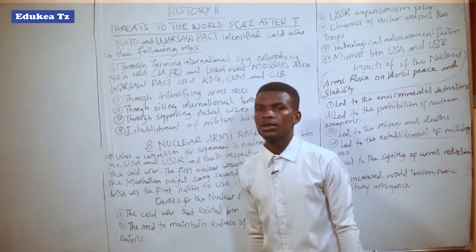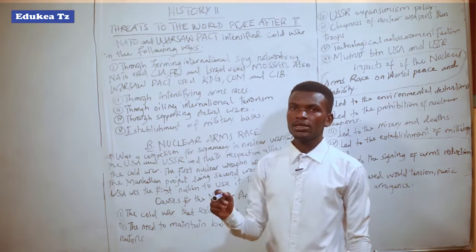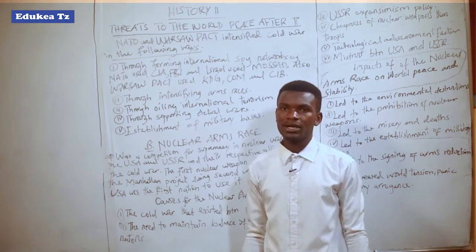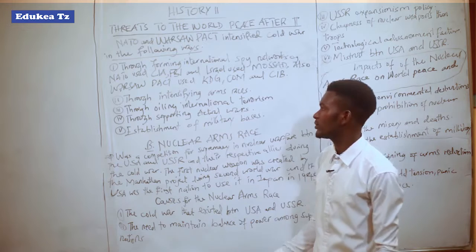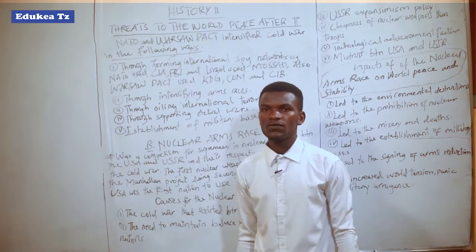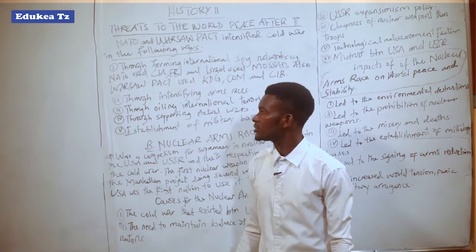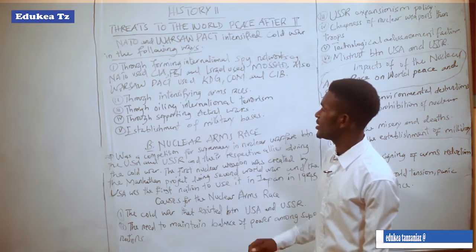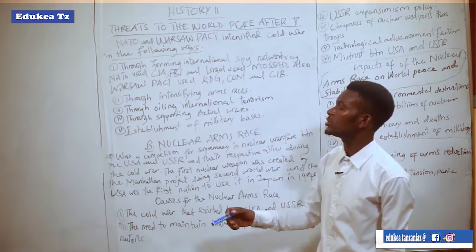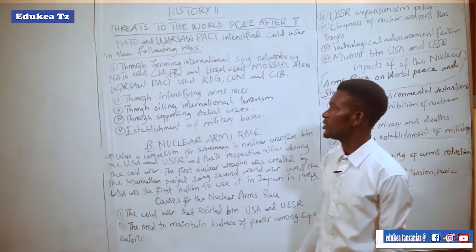Another way was through fuelling international terrorism. These were actions whereby the leaders of one bloc were assassinated by their enemies. For example, the assassination of Indira Gandhi of India and other leaders was due to movements or anti-communist organizations which assassinated those leaders.